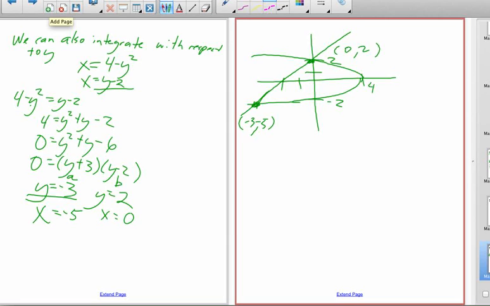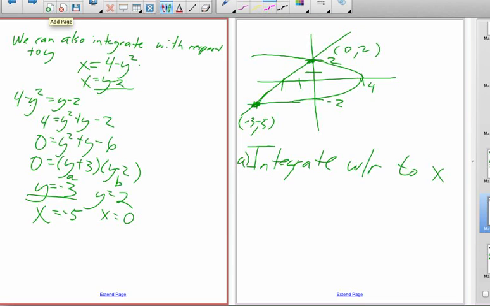So let's do the hard way first, which is where we integrate with respect to x. And to do that, I need to solve these in terms of y. So first we're going to do part A, which is integrate with respect to x. So I've got to solve these. So I'm going to start with this guy.